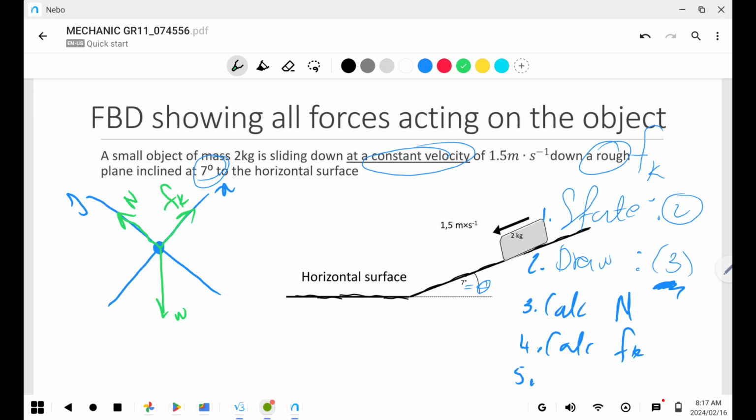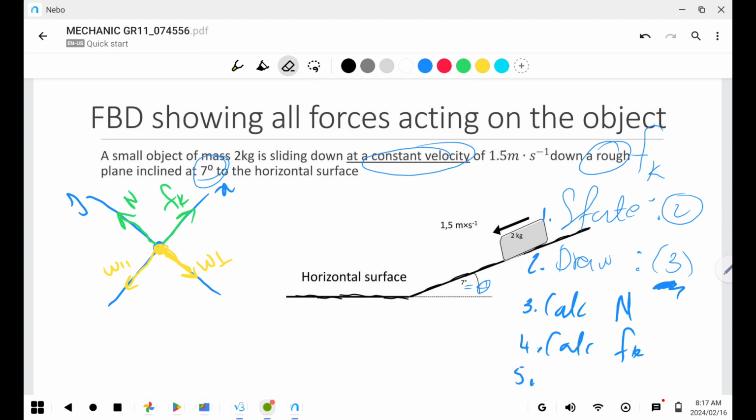So it means we need to draw the components of the weight. Remember to draw the components of the weight. The parallel component is always facing down the slope. This will be my parallel component. The perpendicular component is always opposite to the normal. We only have the components if the surface is inclined. Okay, so that is much better.